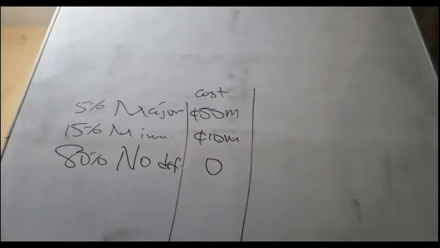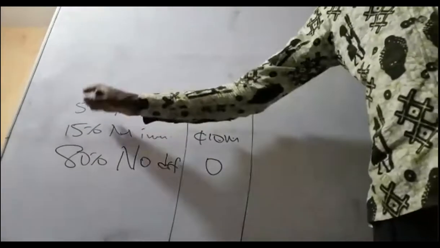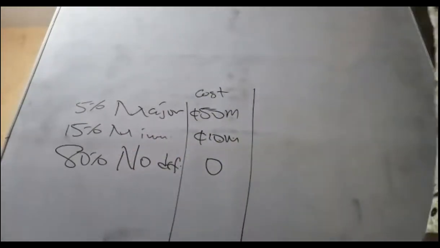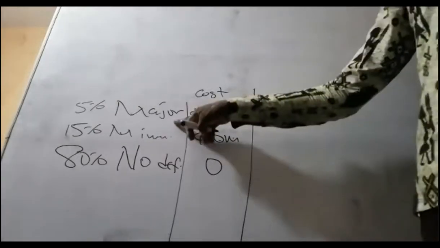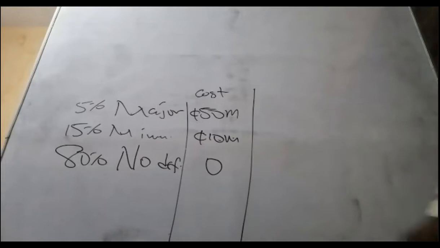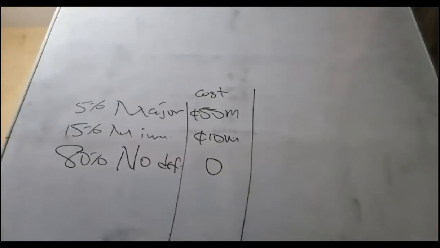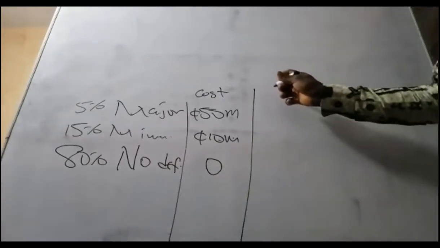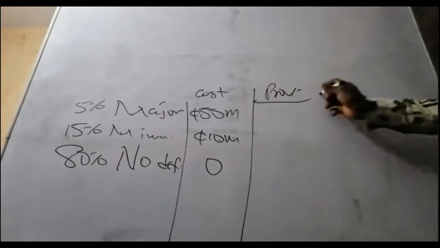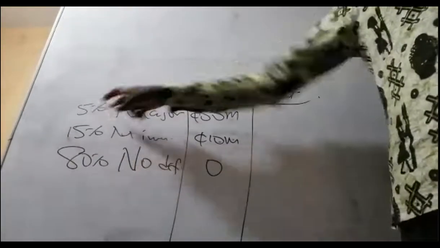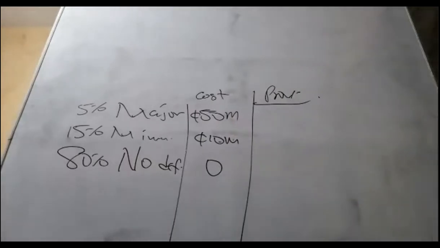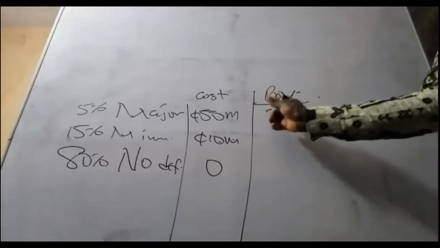So here we have estimated that, out of the goods, it's an estimate, not real. Out of the total goods sold, 5% of the goods will be returned to us, and we are going to incur a major repair on it. 15% minor repair and 80% no defects. So the provision that we have to make: let's take 5% of 50, that gives us 2.5 million, right?